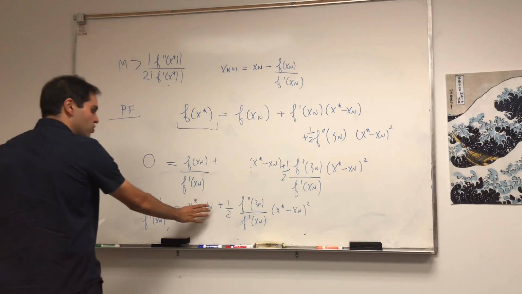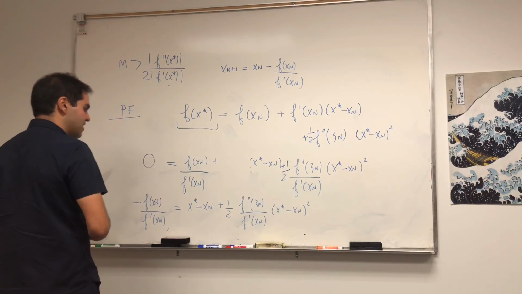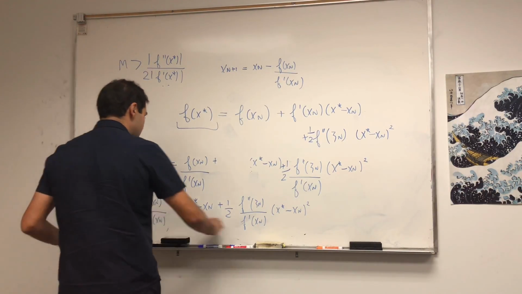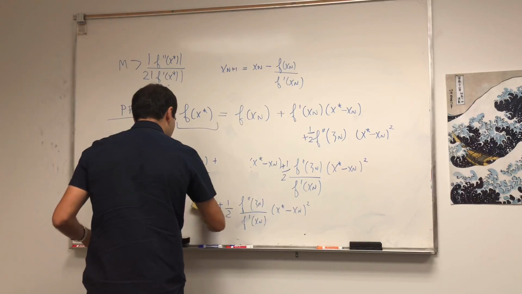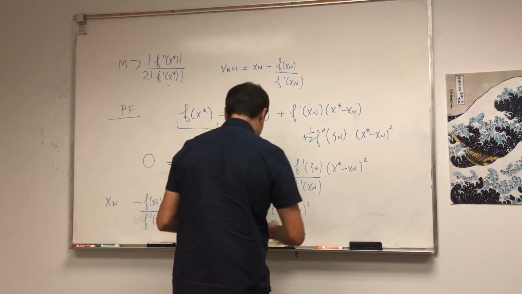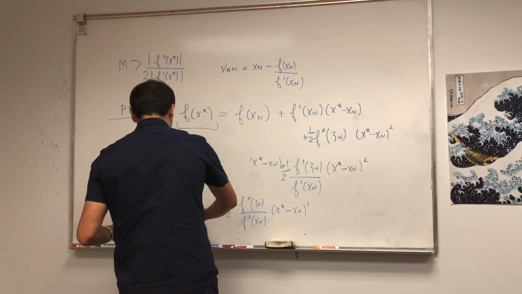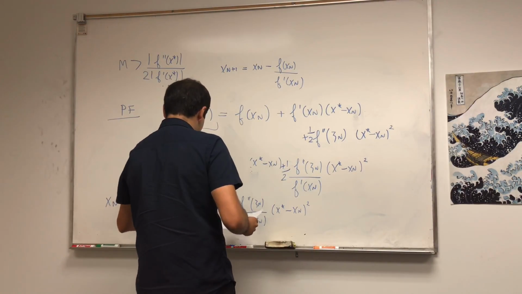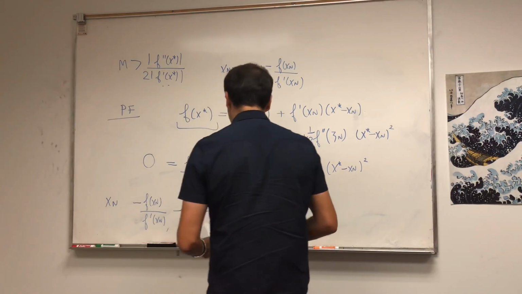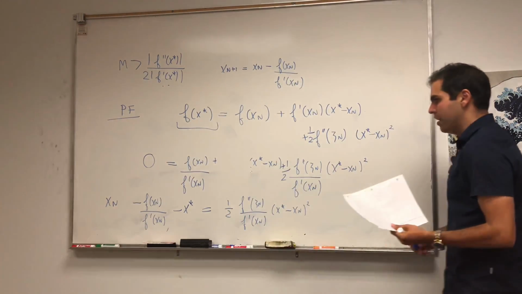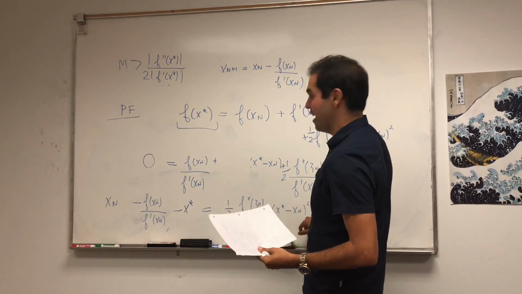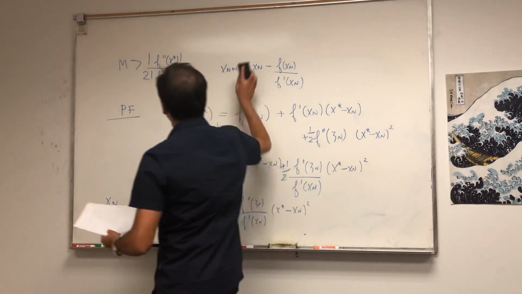Alright, and now we can do more than that. We can put this xn on the left-hand side. So xn minus this equals minus x star, so x star equals that. Right. So in other words, this term equals some constant times the error squared, so it's pretty good.